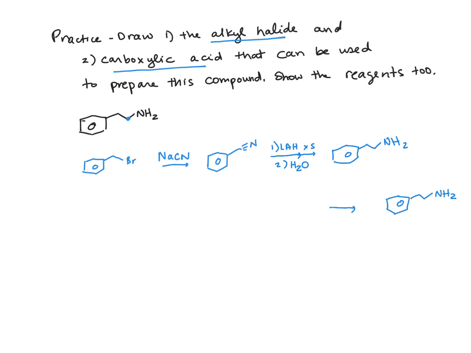So here I'm going to use lithium aluminum hydride followed by water, because I know I want to have a carbonyl in this compound. And specifically, the precursor should be an amide.